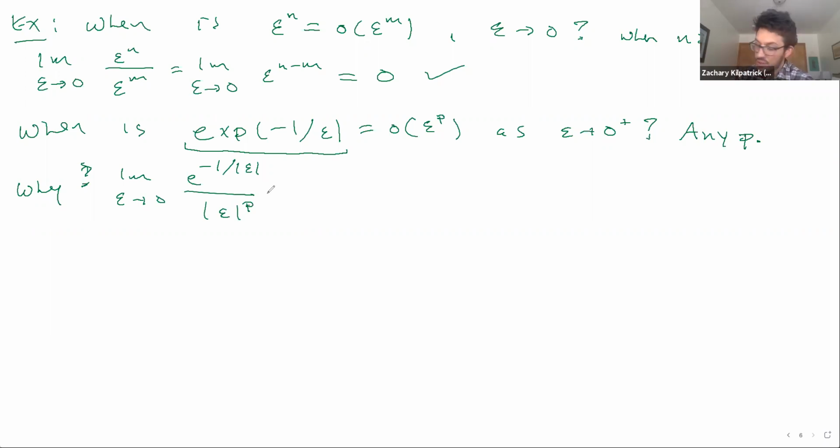We can use L'Hopital's rule essentially as many times as we like on this, and we will eventually eliminate the term on the bottom, and we will still retain the term on the top.